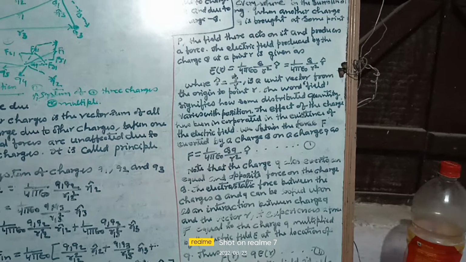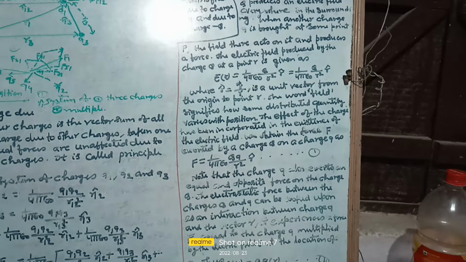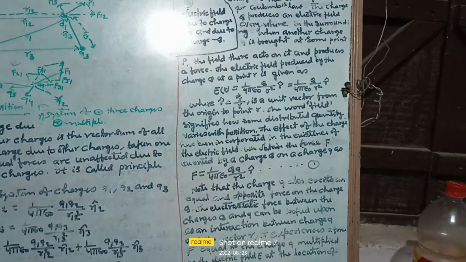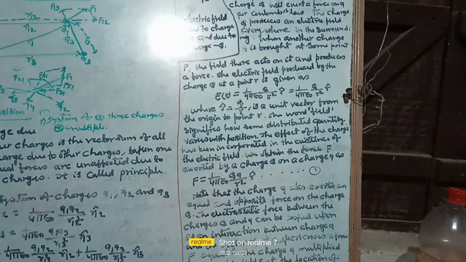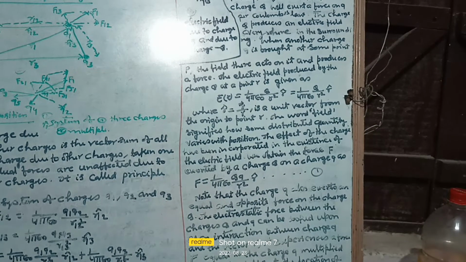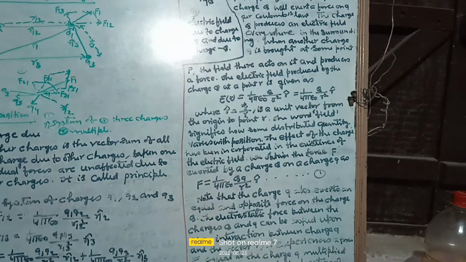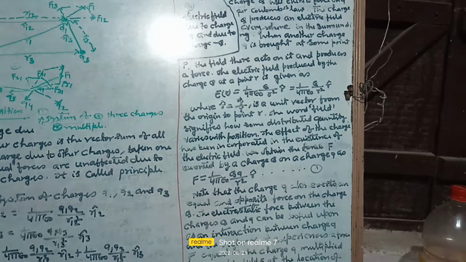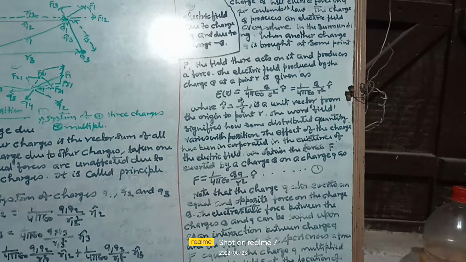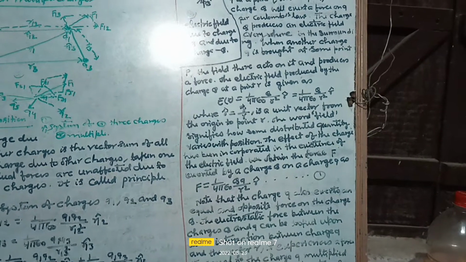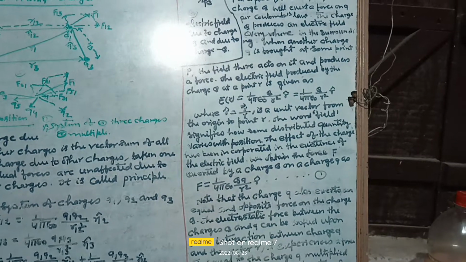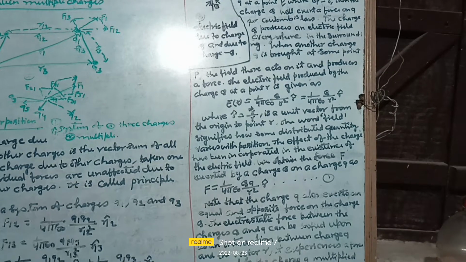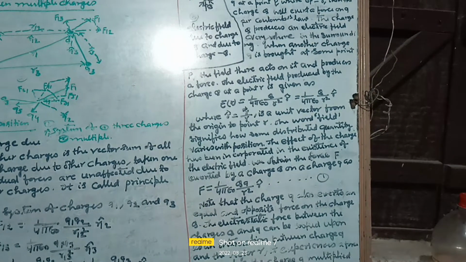Note that the charge q also exerts an equal and opposite force on the charge Q. The electrostatic force between the charges Q and q can be looked upon as an interaction between charge q and the electric field E of Q. It experiences a force F equal to the charge q multiplied by the electric field E at the location of q. Thus, F = qE. The unit of electric field is newton per coulomb.